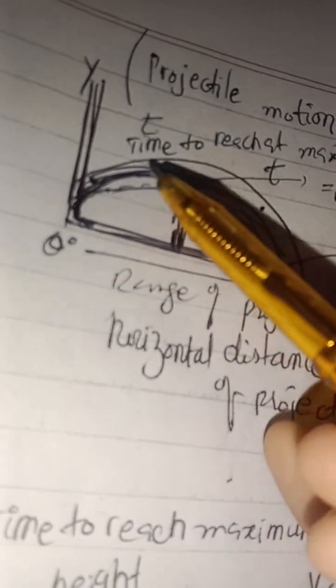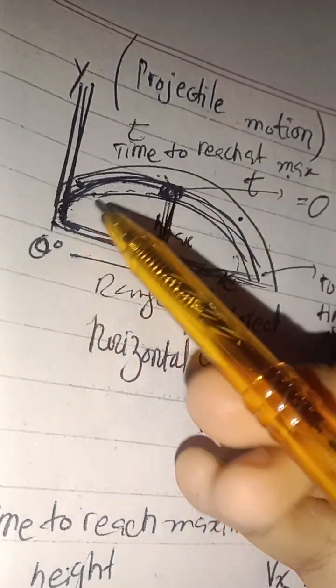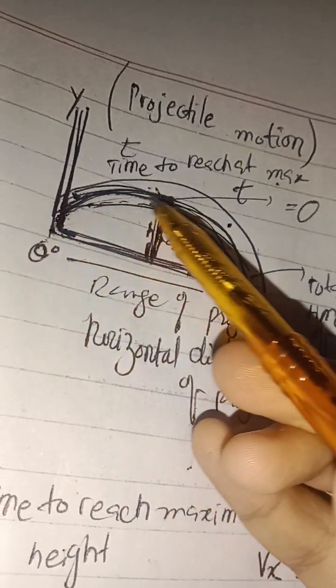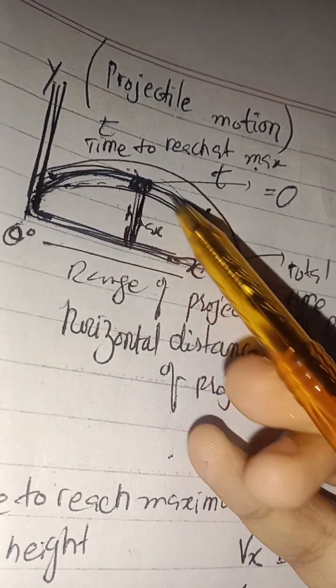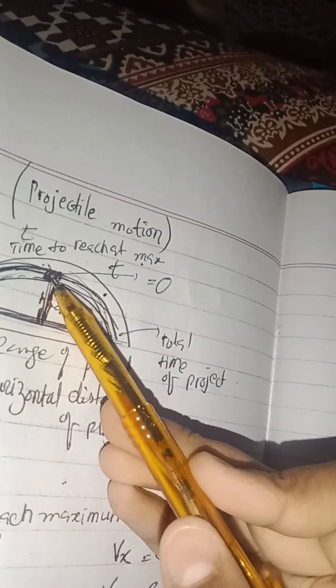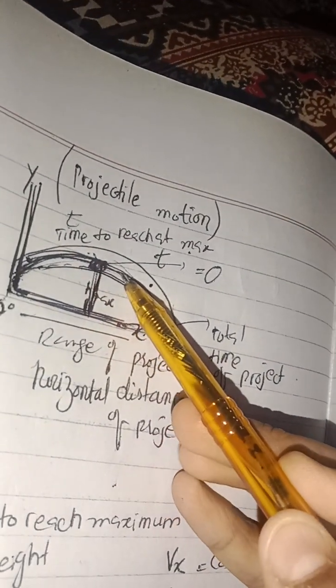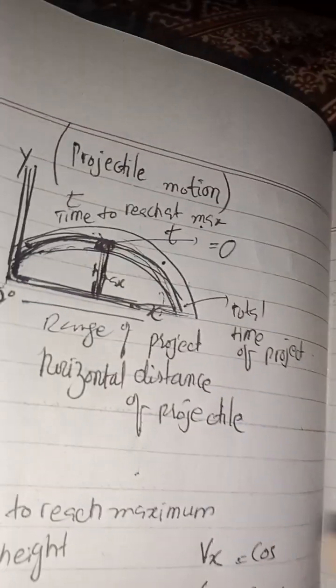So the time to reach the maximum point is equal to the time for the rest of the flight.